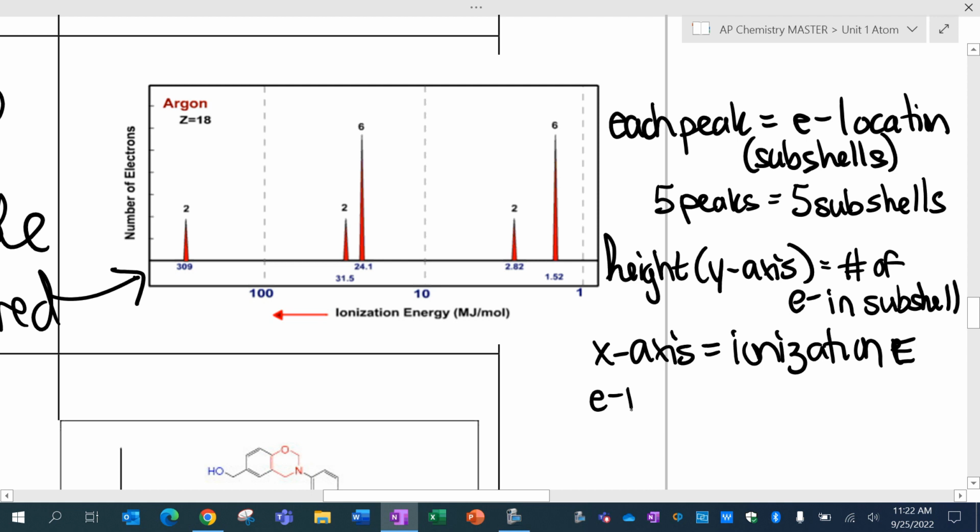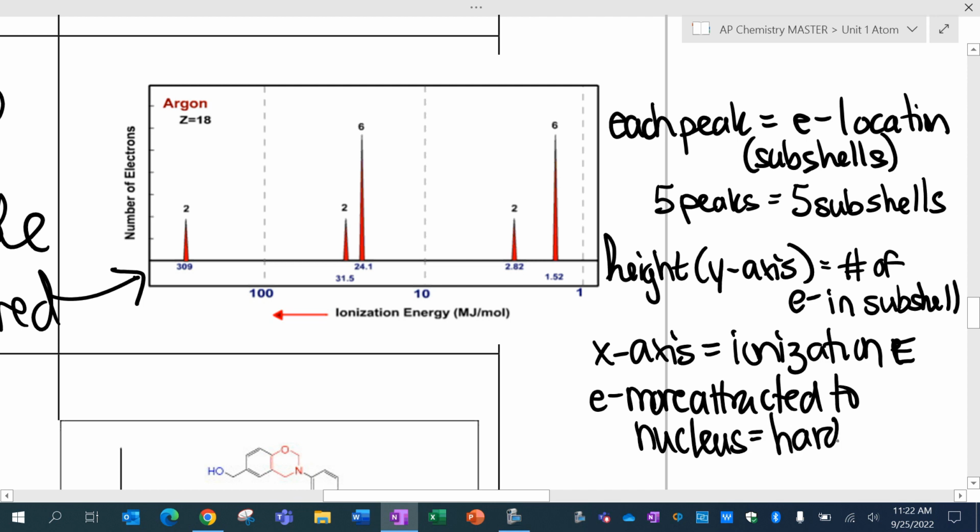So if the electrons are more attracted to the nucleus, then they are going to be harder to remove, which means they're going to have a larger ionization energy. So if we look at this graph, it looks like this is argon. We've got 5 peaks. Notice this peak over here has the largest ionization energy. This one over here has the smallest.